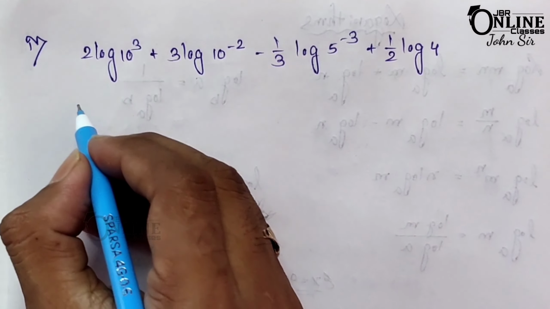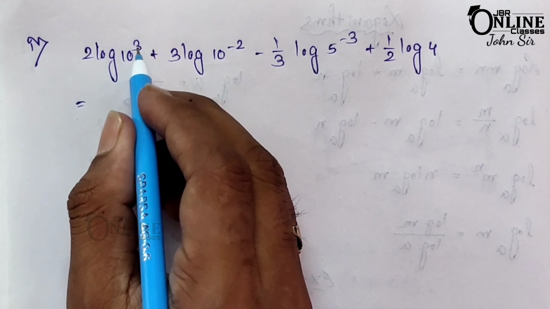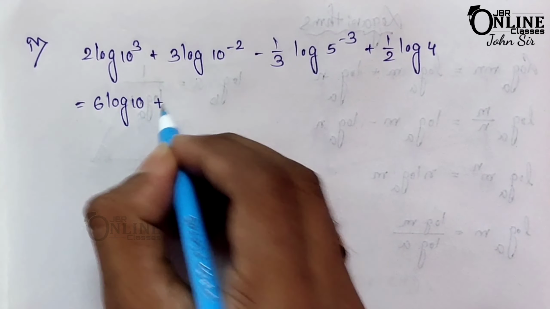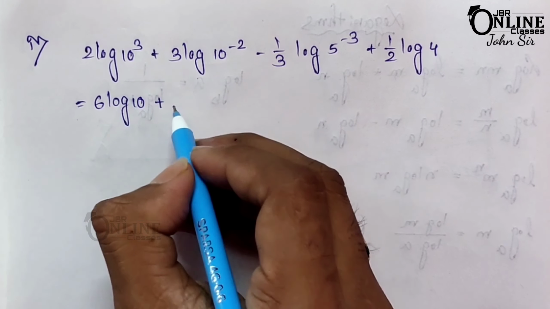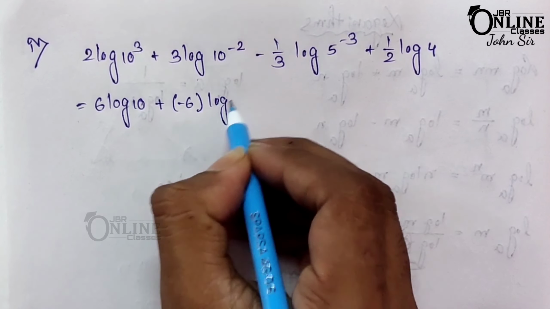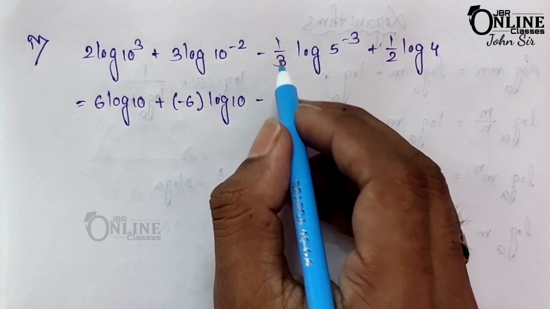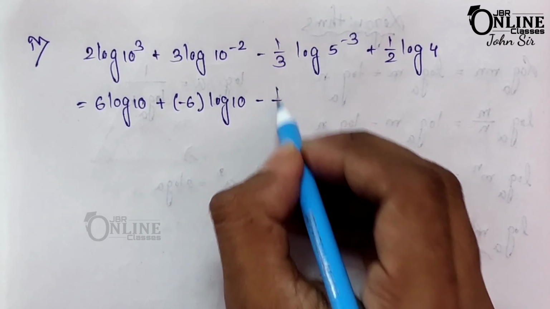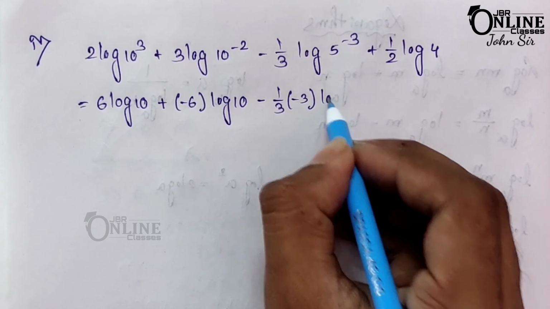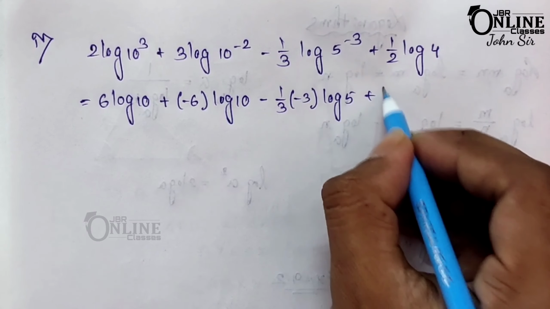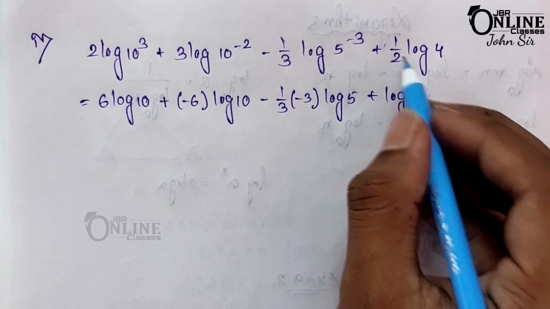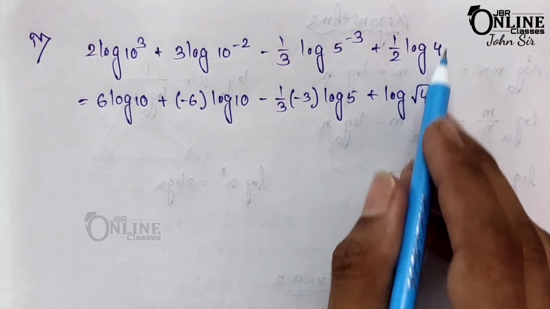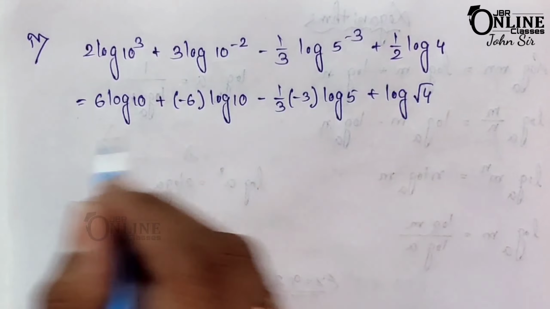Next one, sum number 4. Here 2 log 10 to the power 3, the 3 comes in front, so 2 into 3 is 6 log 10. Next one, minus 2 into 3, so it will be minus 6 log 10. Next, 1 by 3 log 5 to the power minus 3, so 1 by 3 into minus 3 then log 5, and the last one is log of 4 to the power half, which means root 4.